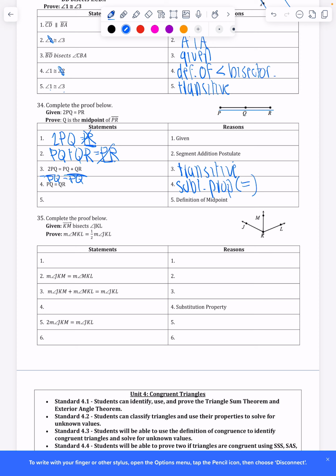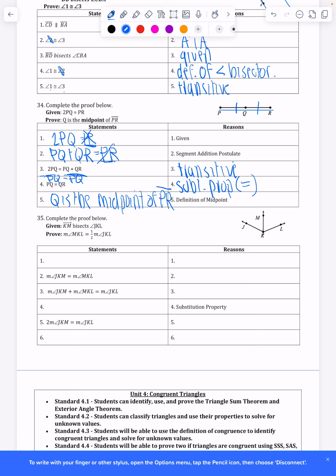And last but not least, we now know that PQ and QR are congruent, so we can actually write Q is the midpoint of PR.